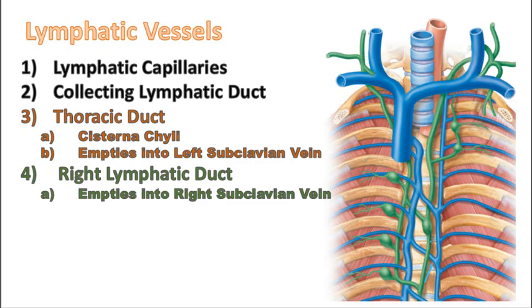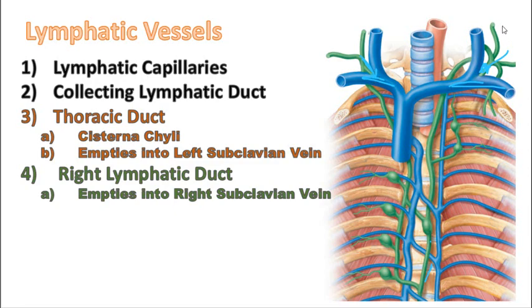And now we're going to look at that subclavian vein. So you see this one is over here and this one over here. So you have the right and left subclavian vein. This tube that you see over here, that's the thoracic lymphatic duct. And this is the right lymphatic duct. So the right lymphatic duct, we said, takes approximately 25% of the lymph and brings it to the circulation.